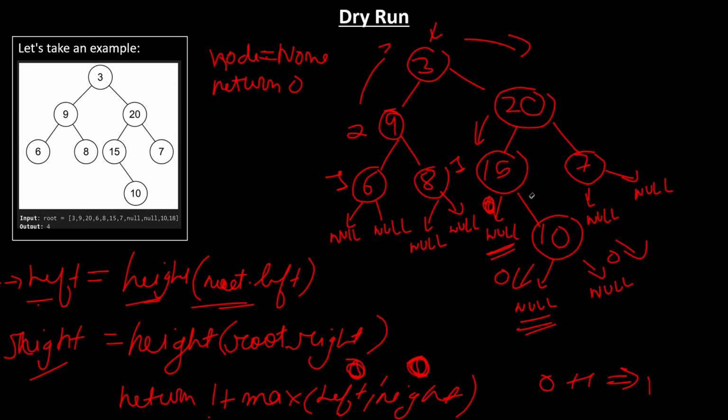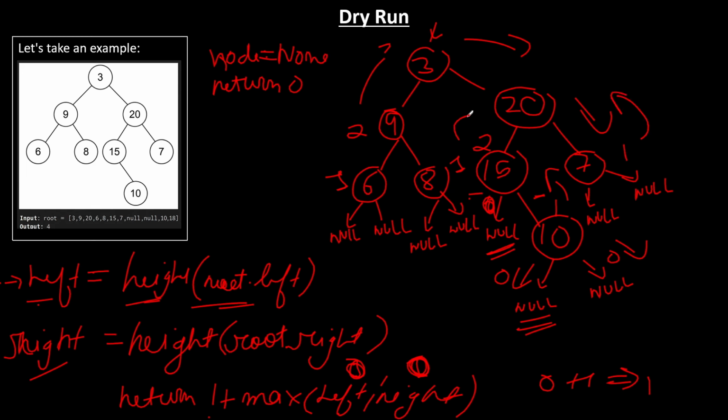Clear this up. So height is 1. Fine. So now it returns back. The left subtree height is 1 and the right subtree height is 0 for this node. So it comes out to be 2 now, because the maximum of 1 comma 0 is 1, plus 1 gives 2. Fine. Great. When it comes here, again the height of this tree comes out to be 1 and returns 1.